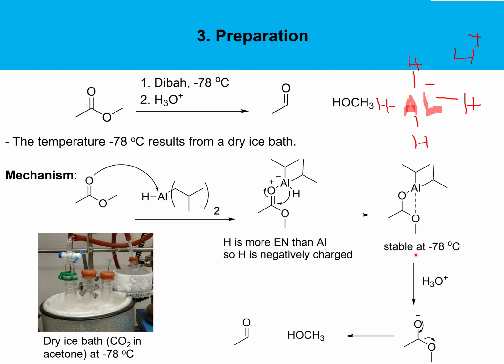Once we start to warm up the reaction, in other words, once we're done with the reaction, we now start to break down this intermediate. So by allowing this intermediate to warm up with aqueous acid, we can eliminate the leaving group, the methoxy group, and end up with an aldehyde and also methanol byproduct.